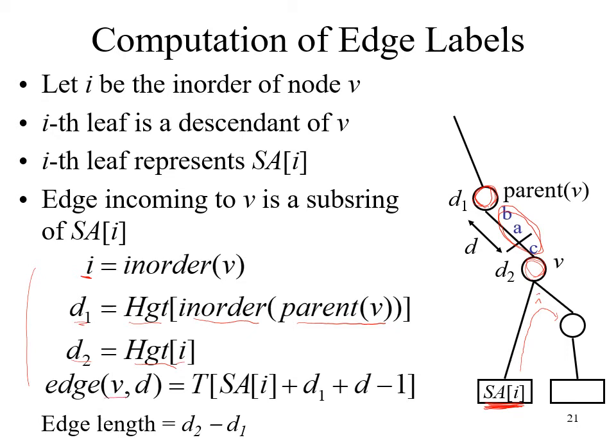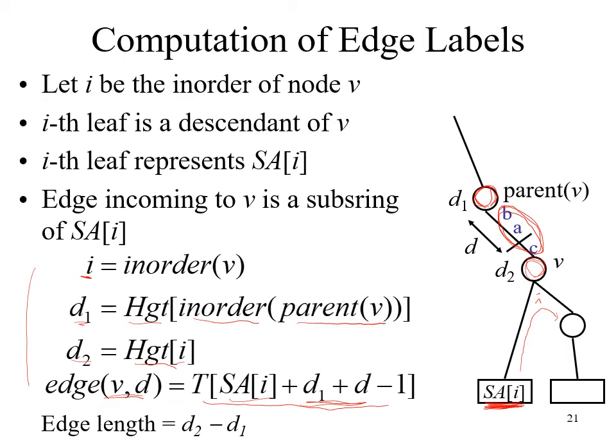Then the D-th character on that edge is just this character. So this is a substring of SA[I], and the position is D1 plus D plus SA[I].